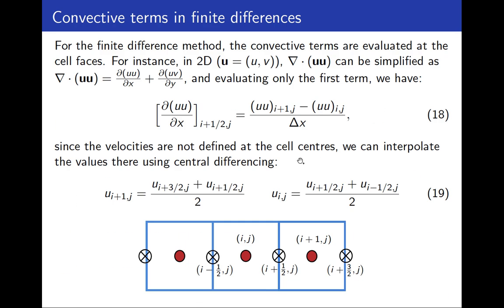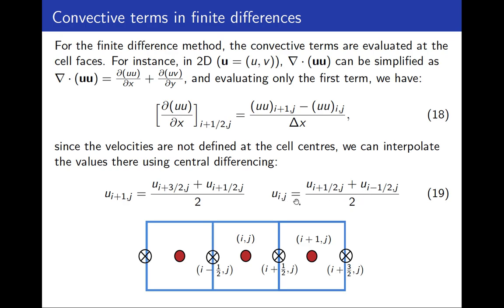So remember, we have to evaluate the velocity here, but with central differencing, that means that we have to use the velocity at this location and the velocity at this location divided by 2. And for this cell center, we also use central differencing. So this equation tells us that we have to use the value of the velocity at this cell face and then the velocity at this cell face divided by 2, and then we have these values.